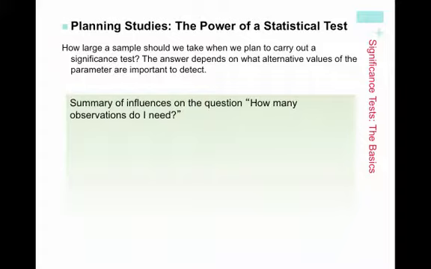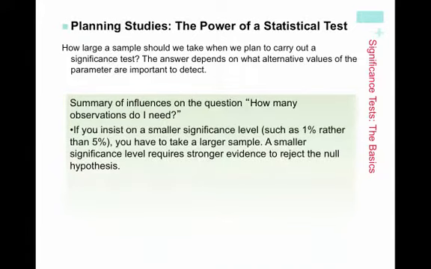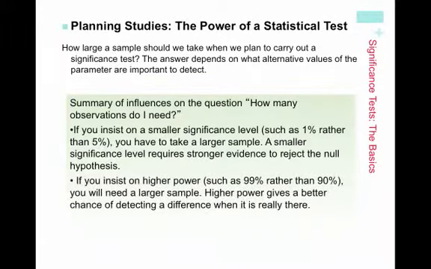So, a summary of the influences on the question, how many do I need? If you insist on a smaller significance level, such as 1% versus 5%, you have to take a larger sample. A smaller significance level requires stronger evidence to reject the null hypothesis. If you insist on a higher power, you'll need a larger sample.